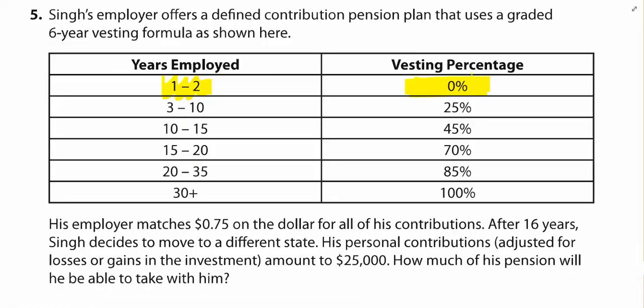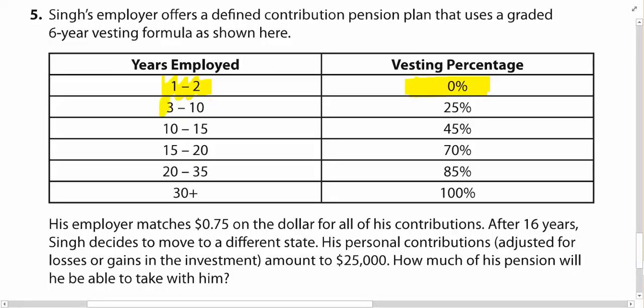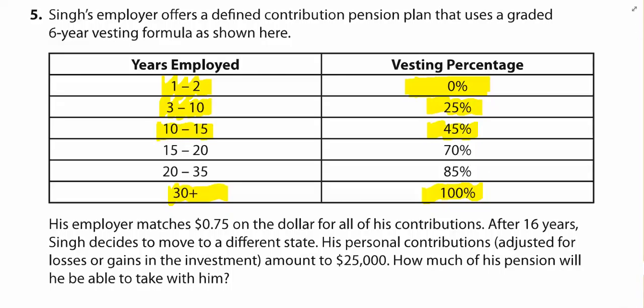You don't get to take that much of the benefit with you. In this case, you get 0%. If you only work 3 to 10 years, you'll get a 25% vesting percentage. Between 10 and 15, you get 45, and so on. It's not until you put 30 years of work in that you receive 100% of your defined contribution pension.